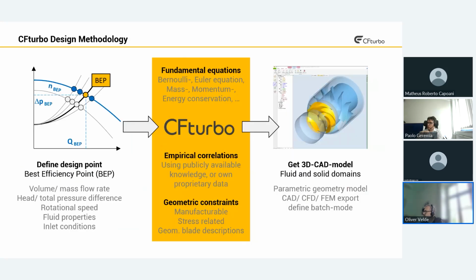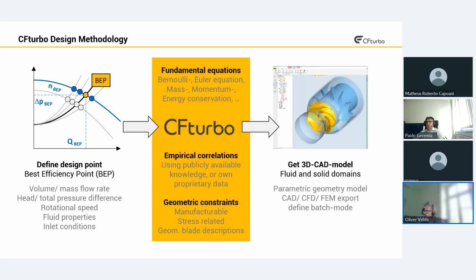The difference to a general purpose CAD package is what we call conceptual design. So you always start with the operating point, and then we try to do a best point, or best efficiency point, design, and we apply the solution of fundamental balance equations plus empirical correlations.